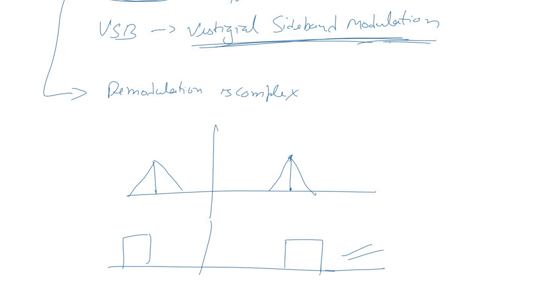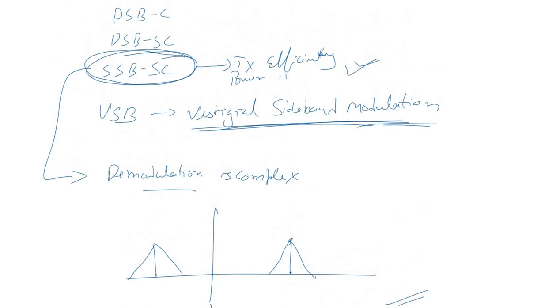Because if you look at the practical filtering action, the frequency response is something like this. It is not exactly orthogonal, right? So it becomes really difficult for the demodulation as well as for the generation of the SSB-SC, although it has significant merits associated with it.